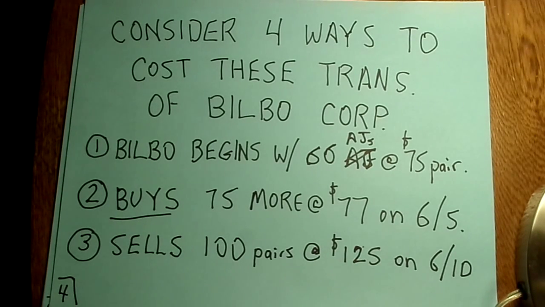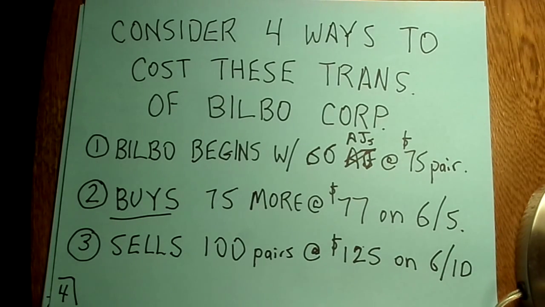So we need to consider the 4 primary ways, the 4 legally accepted accounting ways to cost the transactions of Bilbo Corporation. And I've provided 3 sample transactions.